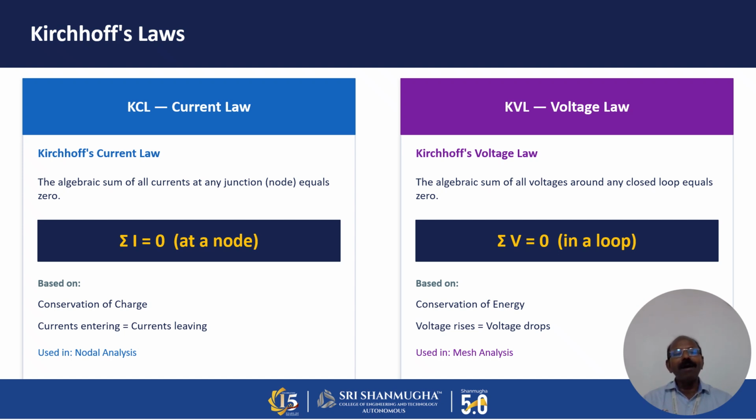Kirchhoff's current law states that at a junction, and this phrase is important, the incoming current is equal to the outgoing current. Or you can say the algebraic sum of all currents at any junction equals 0, that is, summation of I = 0.